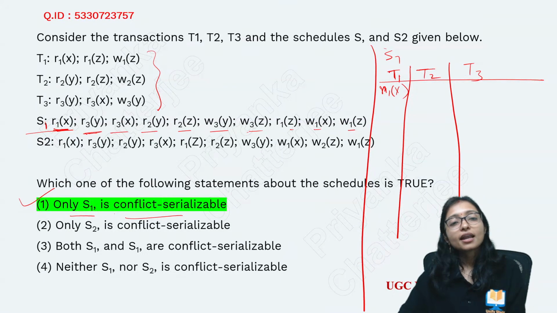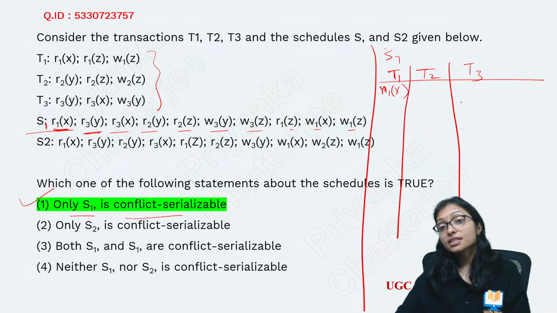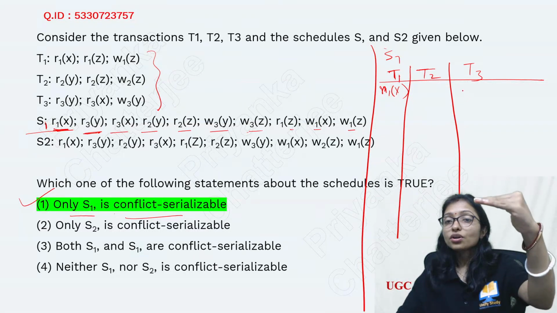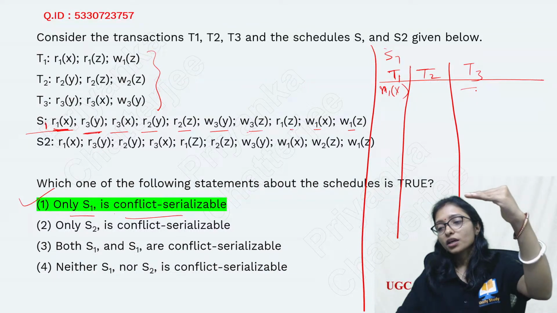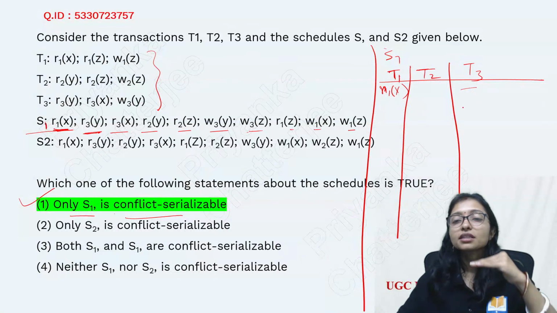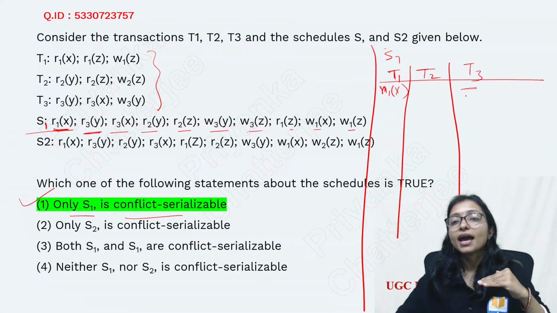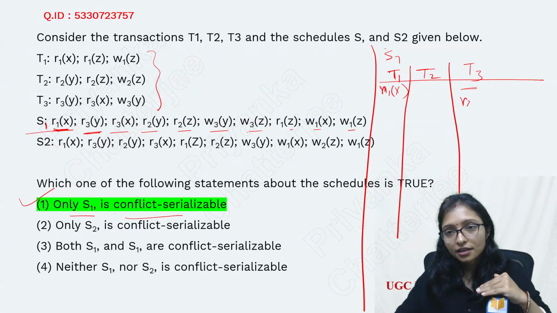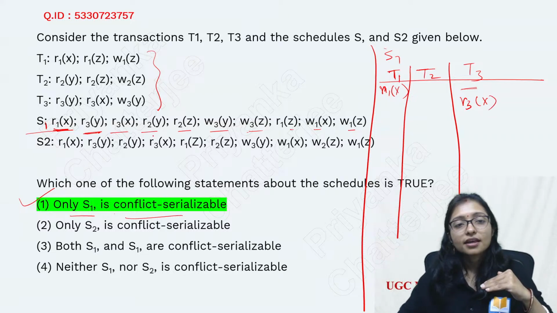R1X, here R3Y. Just write correctly. Don't write R3Y here. Leave it blank. Here write R3X. Sorry, it was not R3X, this is R3Y.